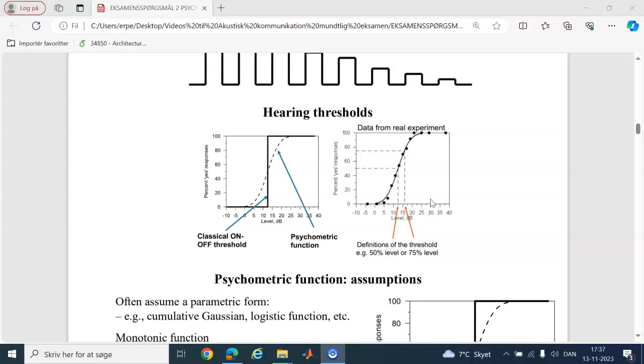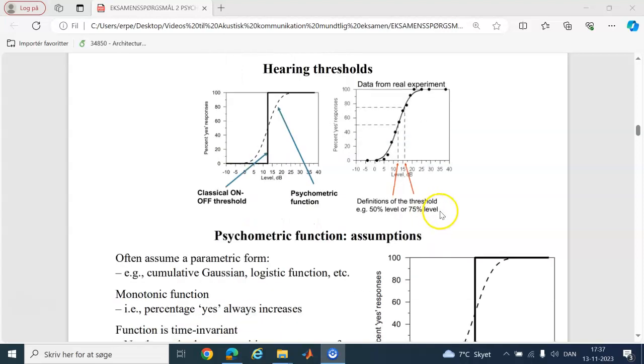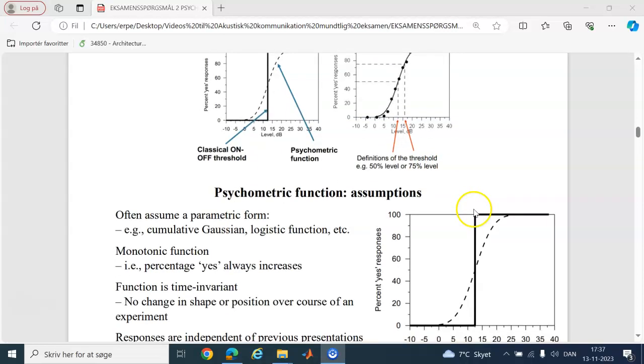We also have data from real experiments, and we can define the threshold at, for instance, 50%, 75%, or 70%.